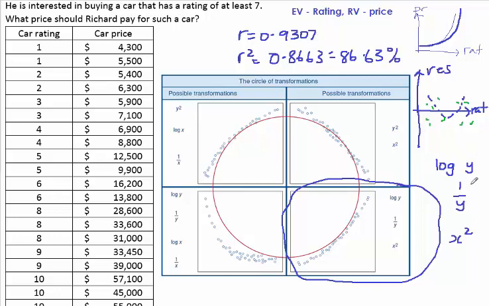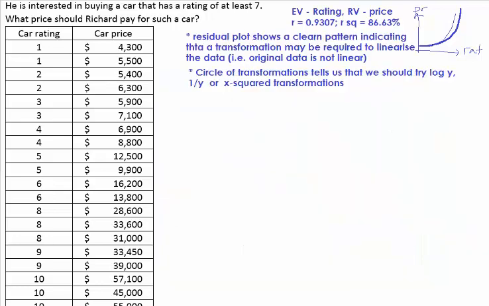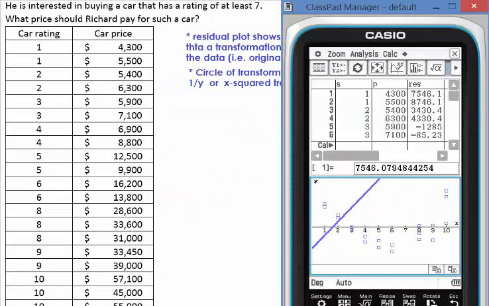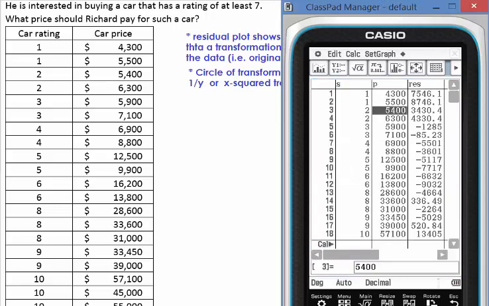There's a log function. This is called the reciprocal, or there's the squared function. And I need to try each of these transformations to see which one gives me the highest r squared value. So now we're going to try these 3 different transformations to see if it improves our data.